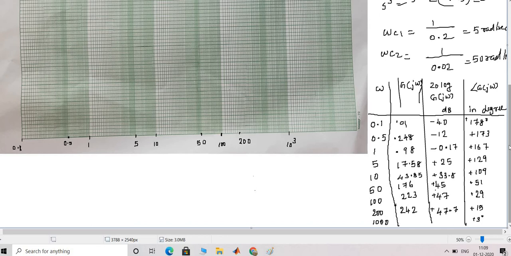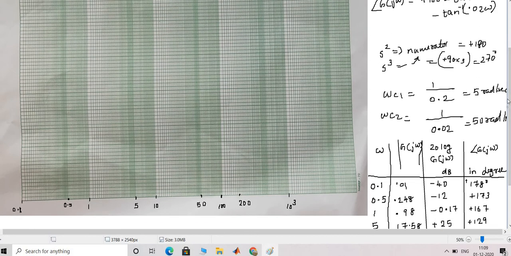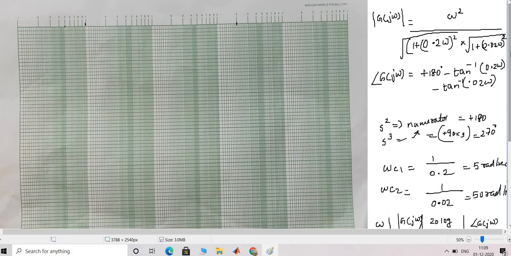So we can mark the gain corresponding to the given values here in the y-axis. When you mark here, our maximum value should be at this point.